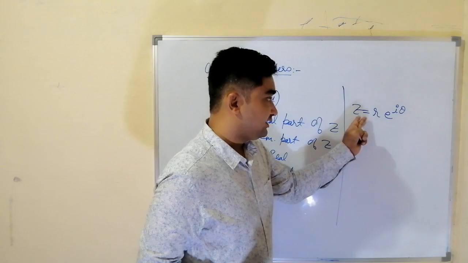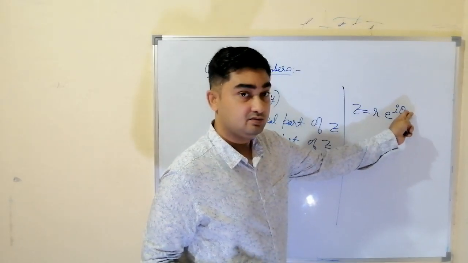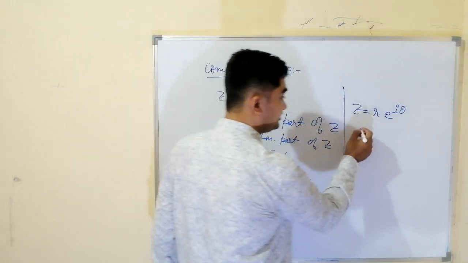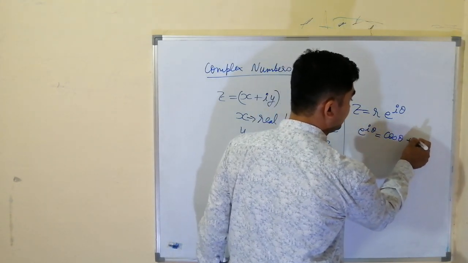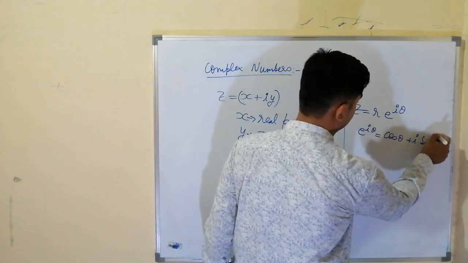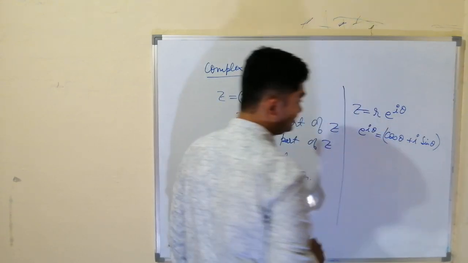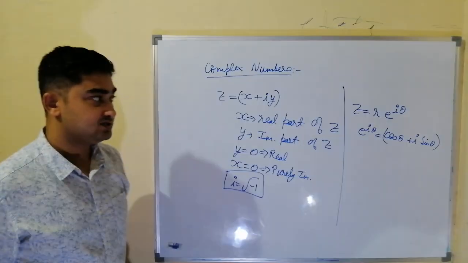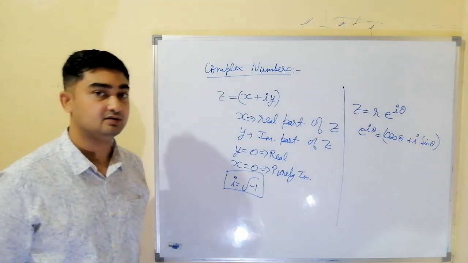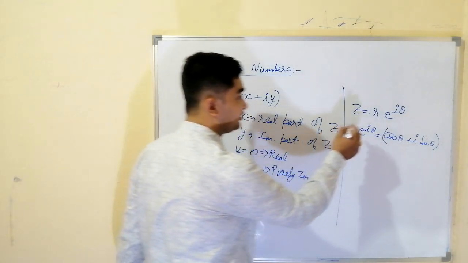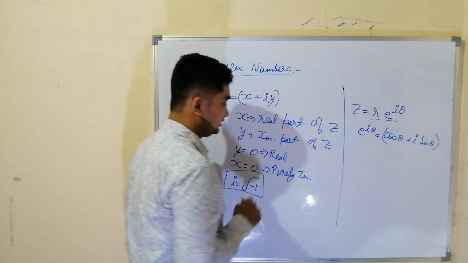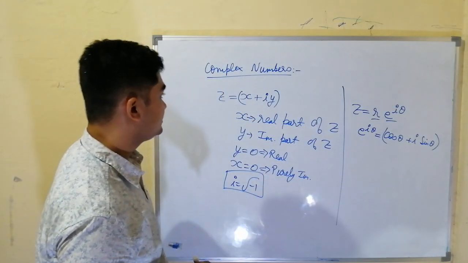So z is r into e power iota theta, where e power iota theta is cos theta plus iota sin theta. It is Euler form. Sometimes we also call it the modulus amplitude form. Now we should know what is modulus and what is amplitude.